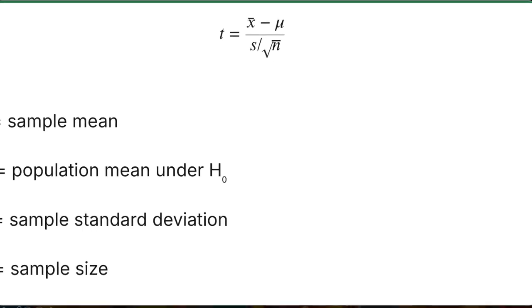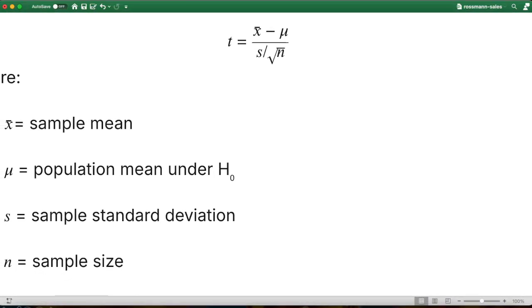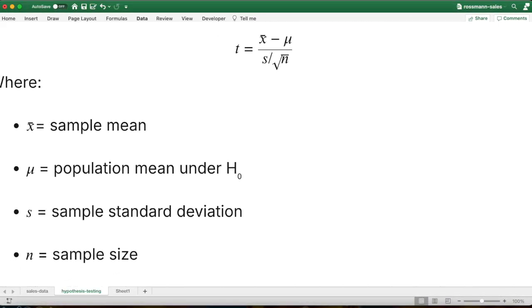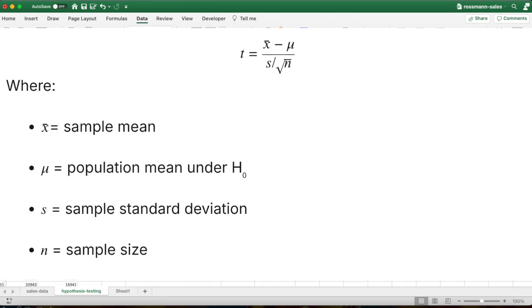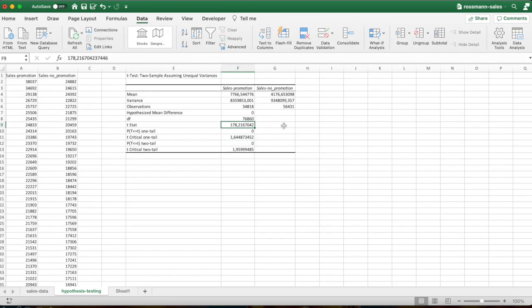Our t-score, our t-stat, is coming out to be 178, and that's a huge number. That's a very large number. Our rejection of null hypothesis and or acceptance of alternative hypothesis depends on how much is the t-stat compared to our alpha versus how much is the p-value versus alpha.